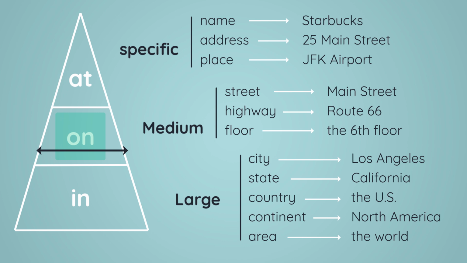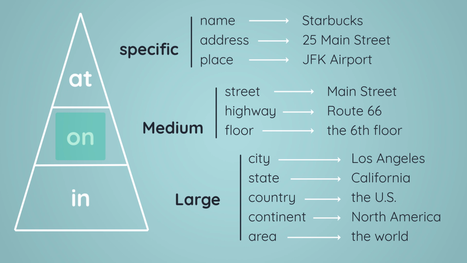The second one is on. On we use for a little bit more than a very specific place. It's a little bit wider. For example, we see here on a street, or a highway, or a floor. So we see on Main Street, on Route 66, on the 6th floor.